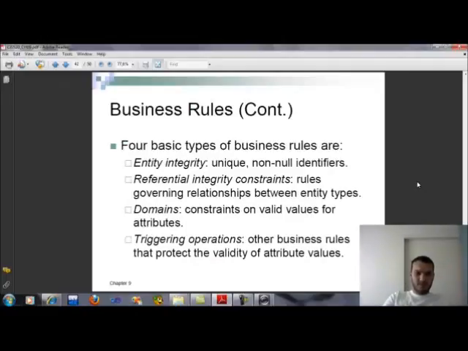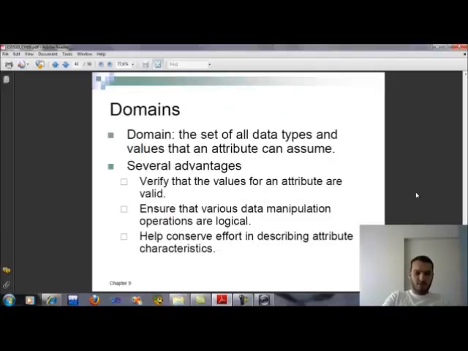Four basic types of business rules are entity integrity, unique and non-null identifiers, referential integrity constraints, rules governing relationships between entity types, domains, constraints on valid values for attributes, triggering operations, and other business rules that protect the validity of attribute values.